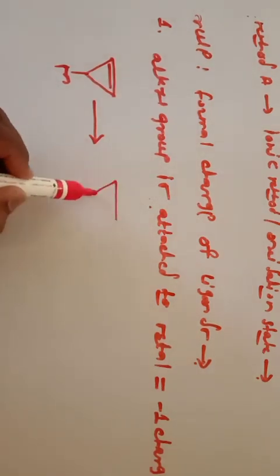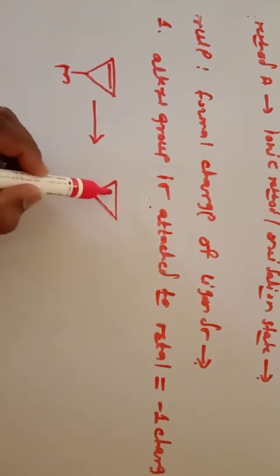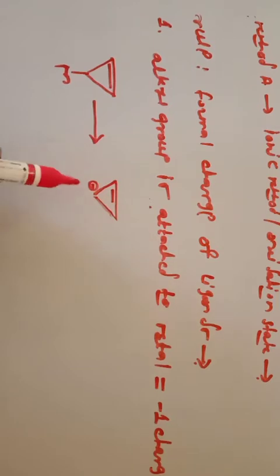If you consider it with the help of rule first, then we can write this as minus, this as minus, and then this is your metal atom. But whenever an alkyl group is part of an aromatic ring, you must give the first priority to aromaticity, and then find out the formal charge of the ligands.